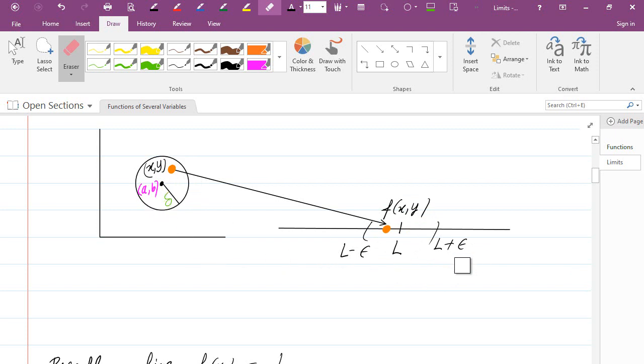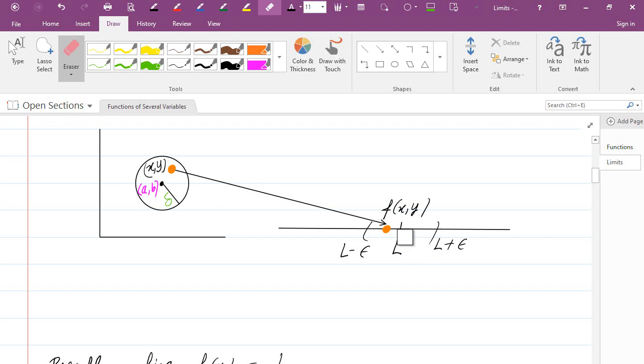So given any small positive number epsilon and an open interval of radius epsilon centered at L, if we can find a small disk centered at (a, b), so that for any (x, y) in this disk, f of (x, y) is in this open interval.